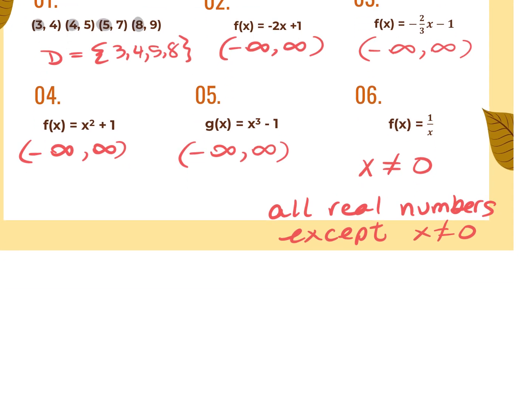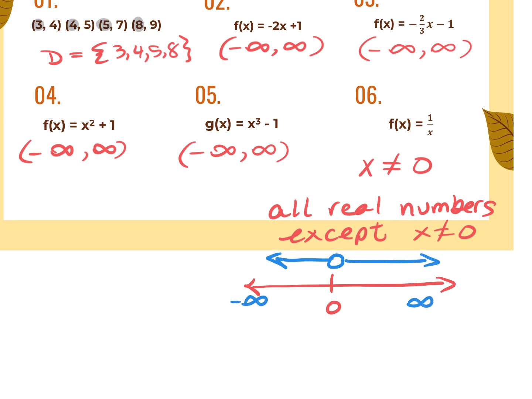Now, in interval notation, let's put this on a number line. So I'm going to put 0 right here. So 0 is an empty circle. And then it's everything else on my number line.